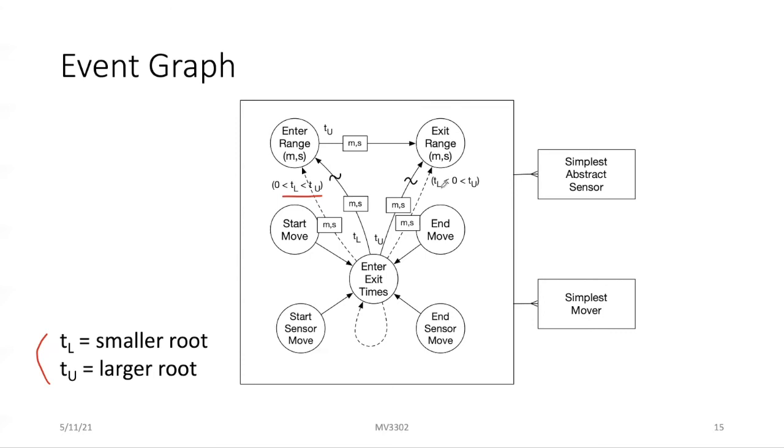However, if we are inside the range, then we will schedule an exit range, and that will happen if the lower root is negative and the upper root is positive. And again, the delays are going to be the respective roots that we have there.